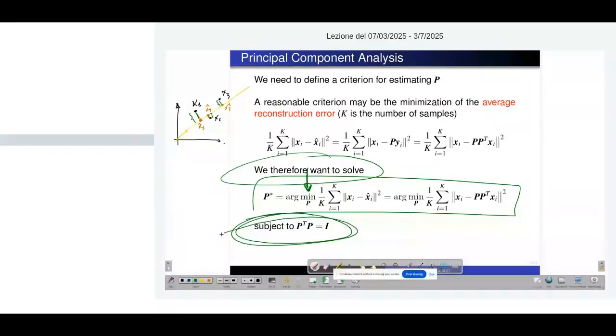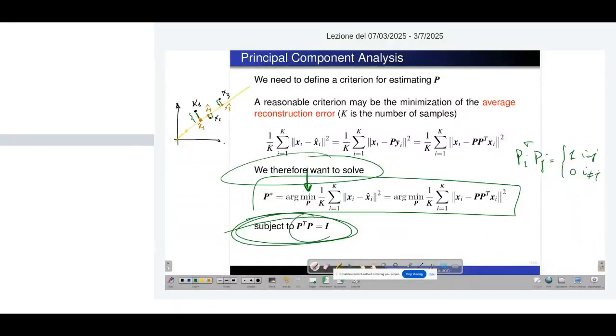We want to minimize that function subject to the fact that the columns of P must also be orthonormal, which means that Pi transpose Pj must be equal to 1 if i is equal to j, or 0 otherwise.